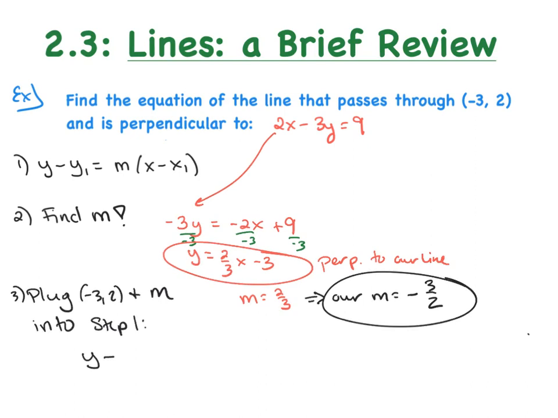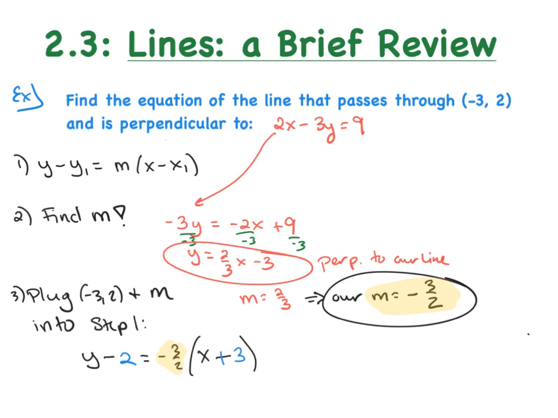So y minus 2 equals negative 3/2 times x minus negative 3, which makes it x plus 3. And I will highlight the slope that we got from step 2. Perfect. y minus 2 equals negative 3/2 times the quantity x plus 3.